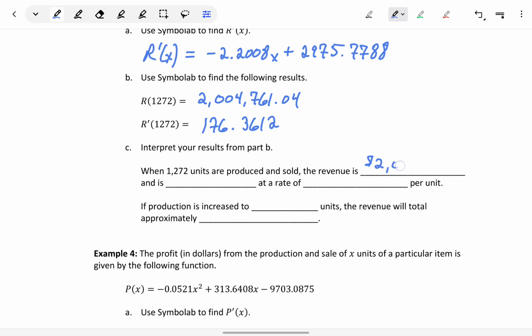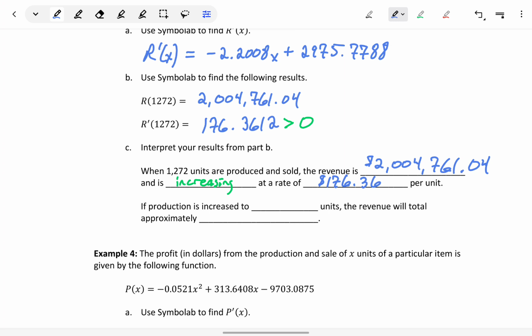So $2,004,761.04, and is, in this case, increasing because the result of our derivative at that point is positive. So it's increasing at a rate of $176.36 per unit.